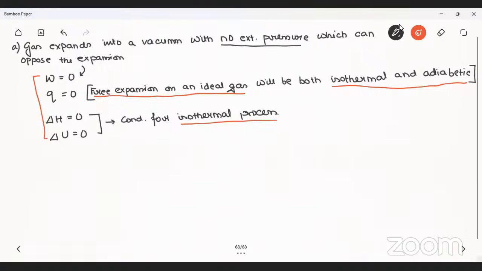That free expansion of an ideal gas means adiabatic process, you didn't know until just now, but these are the rest of the conditions that we have already covered. Is the definition clear? So how will you solve this question? Is this first part clear? Yes, ma'am. Okay.